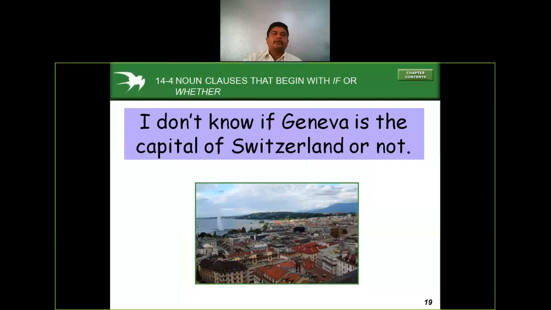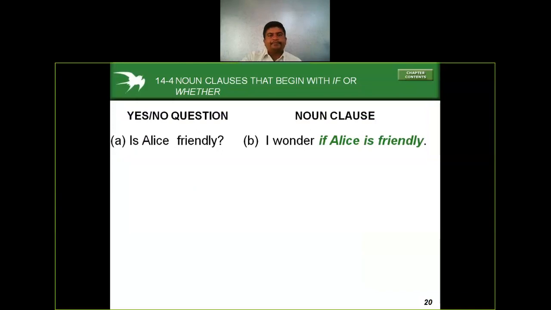Now, I don't know if Geneva is the capital of Switzerland or not. How could it be used in the noun clause? Now tell me, yes or no question, and noun clause. Noun clauses that begin with if or whether.